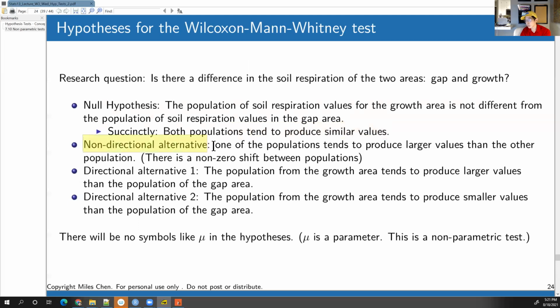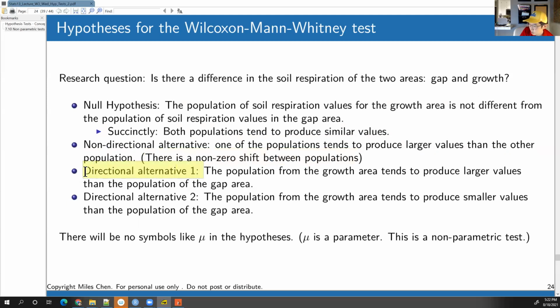A non-directional alternative hypothesis would be something like one of the populations tends to produce larger values than the other population. Or another way you could say is that there is a non-zero shift between the populations. Like one population is shifted to be higher, so it produces bigger values than the other population.